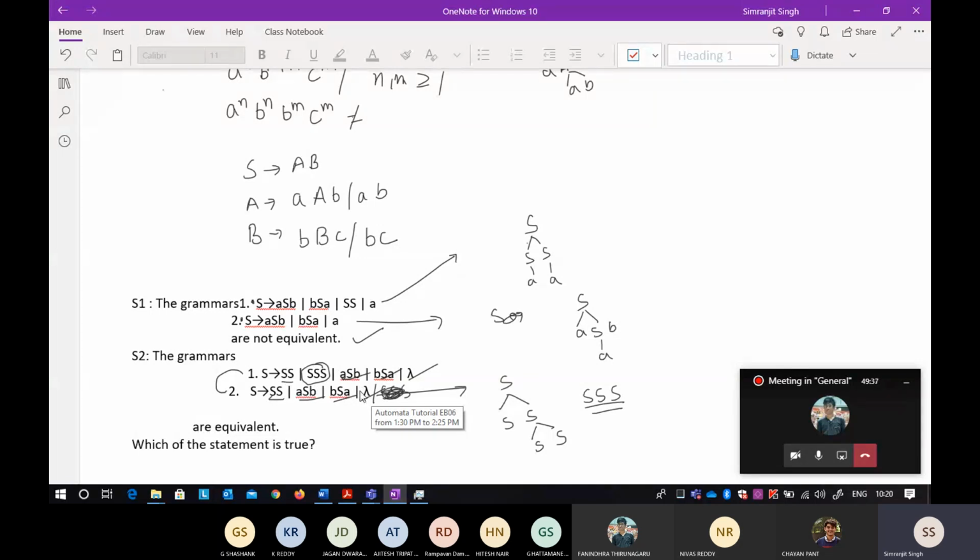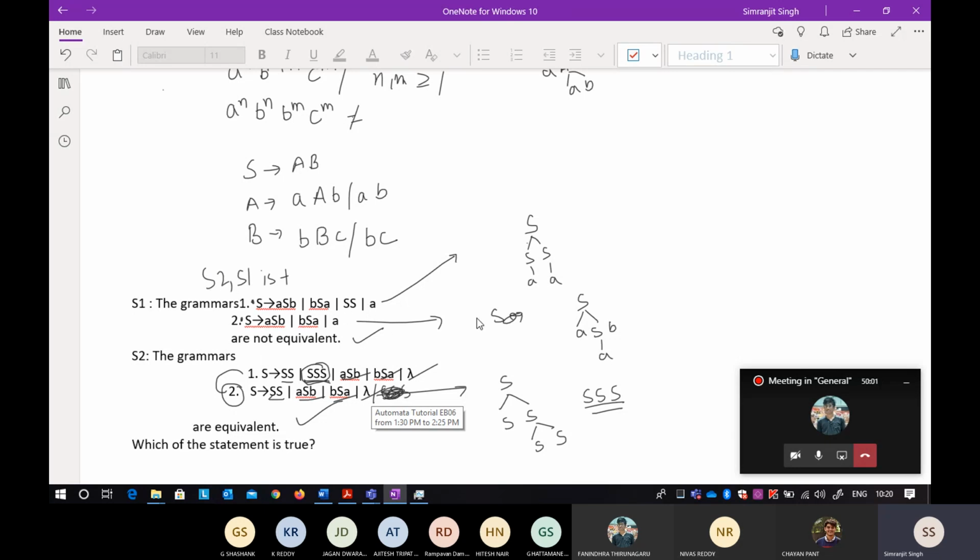Most of it seems equivalent, and only one thing is not there, triple S. So if triple S is derivable from the second grammar, you can directly say that the grammars are equivalent. I am able to derive triple S from the second grammar, so this statement is also true. So both statements, S1 and S2, are true.